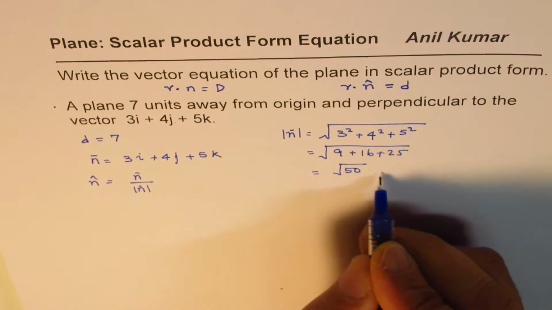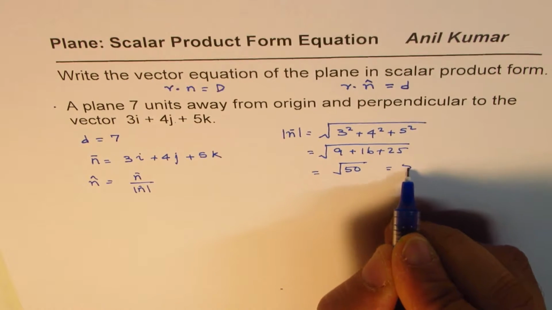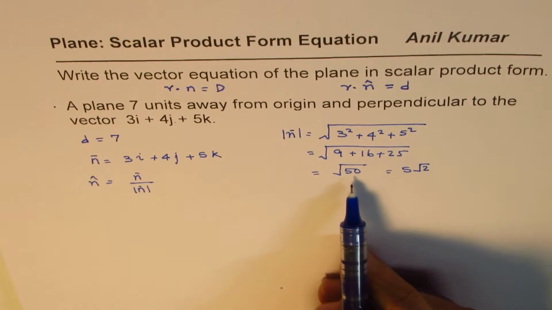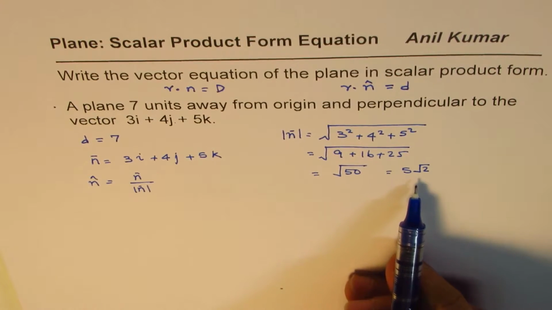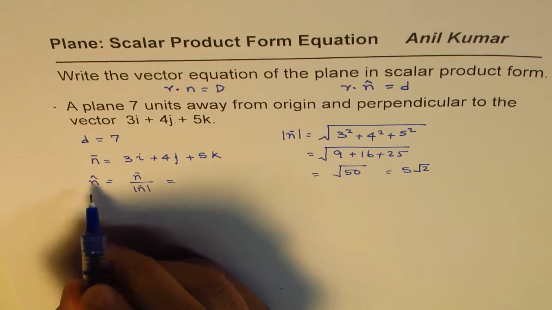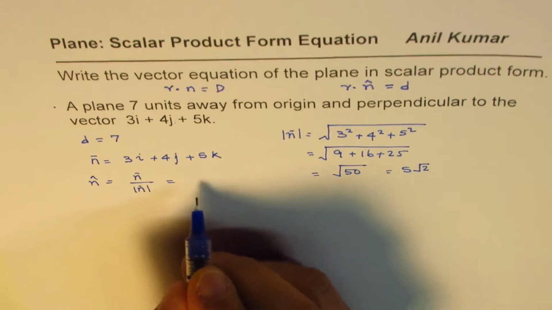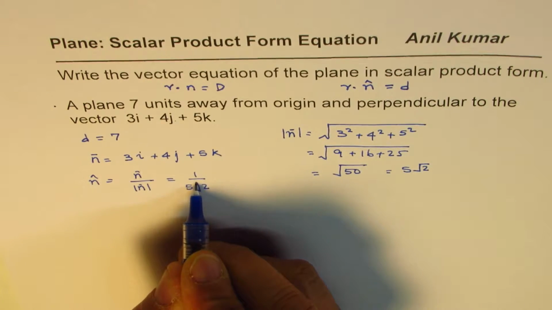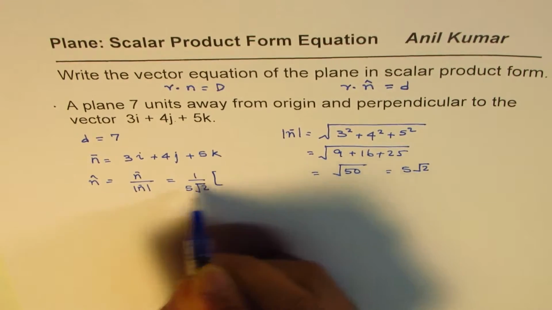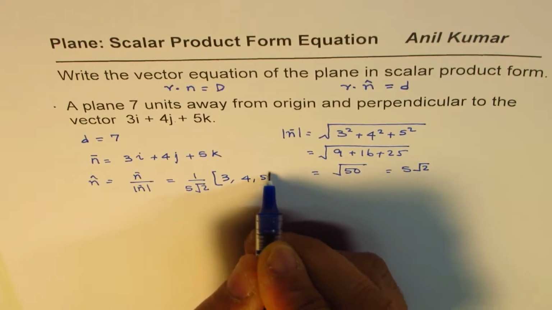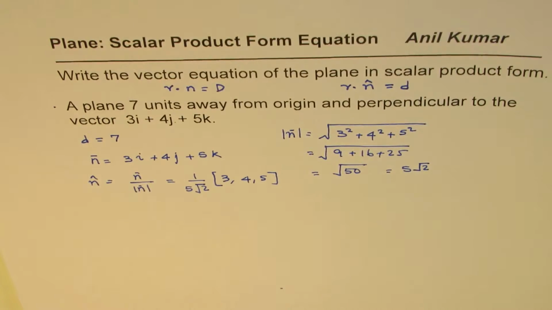You could write this as 5 square root 2 also. So that becomes the magnitude, and therefore we can write the unit vector as 1 over 5 square root 2 times the vector 3, 4, 5. Is it okay? That is what we get.